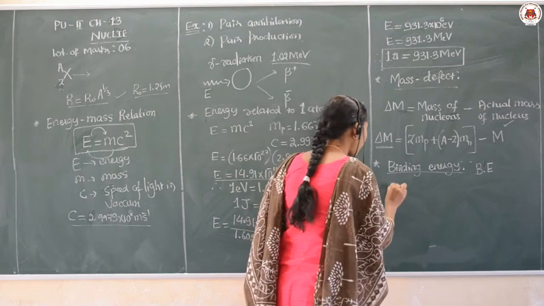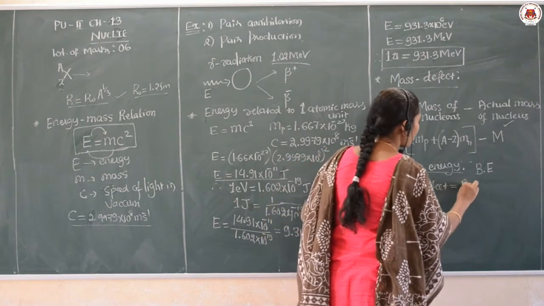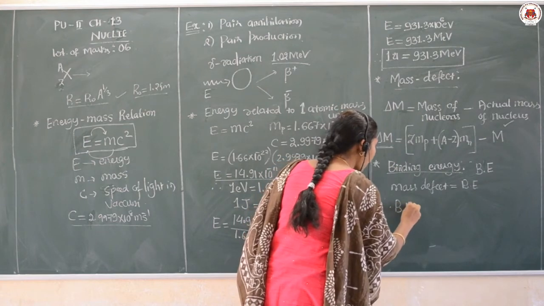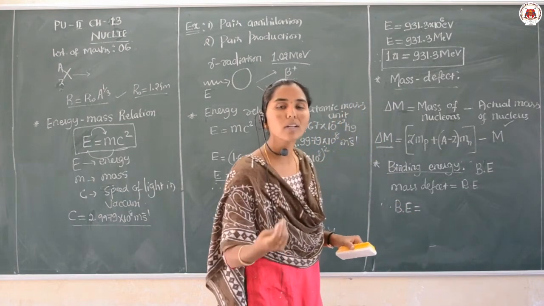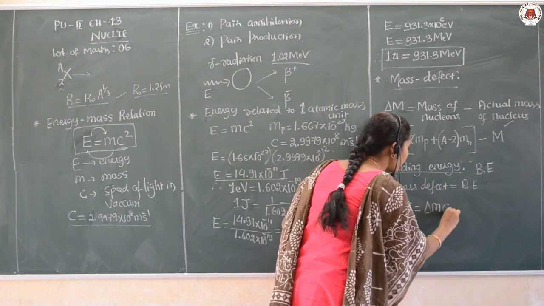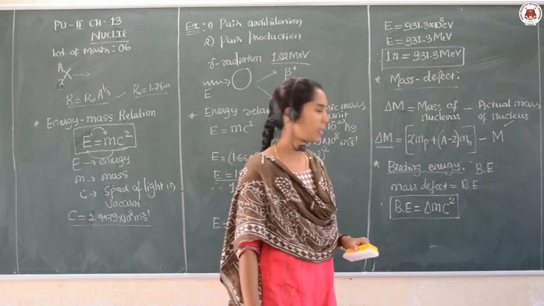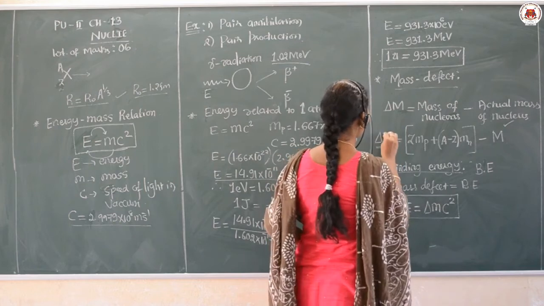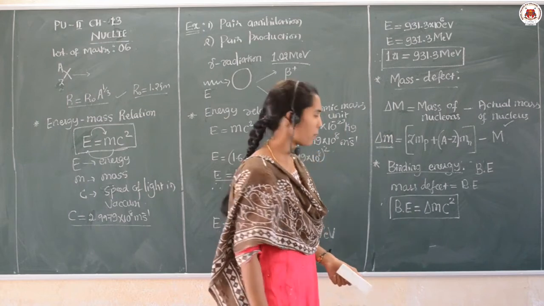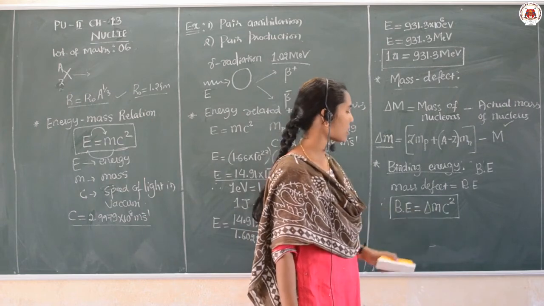When you want to calculate the binding energy of the given nucleus, I write here mass defect into C square. Remember, this is another important formula. Here delta M, or you can also use a small m or capital M, no problem. By using this formula, I can write the binding energy in terms of the mass defect.